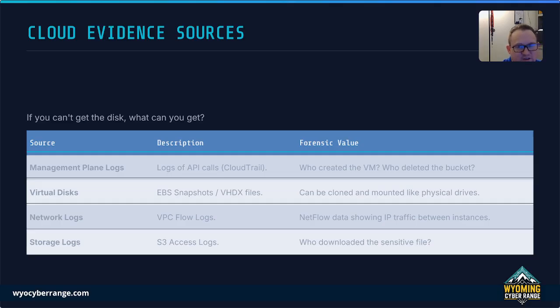Now, we do need to differentiate between the management plane and the data plane. Management plane logs, like CloudTrail, show infrastructure changes, like building a server. The data plane logs, like OS logs and S3 access logs, show the interactions with the data inside those resources.